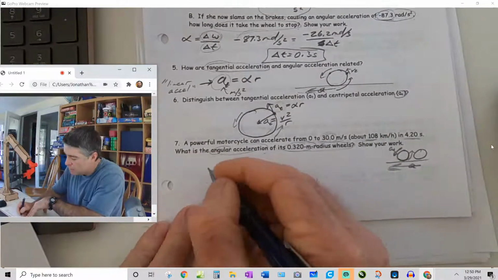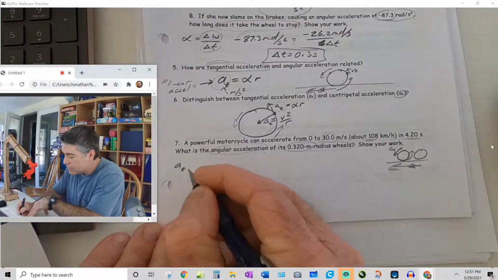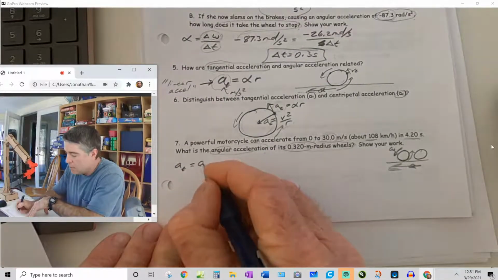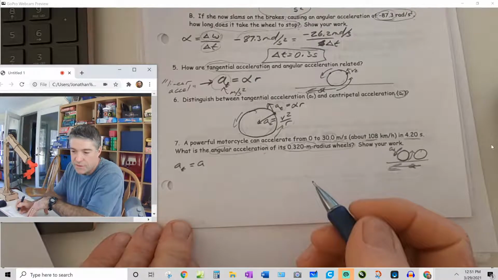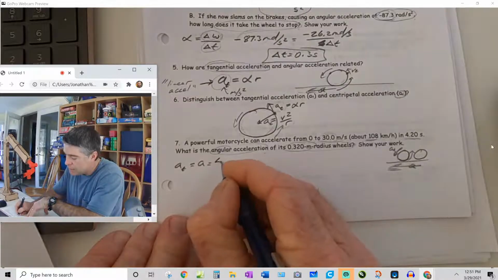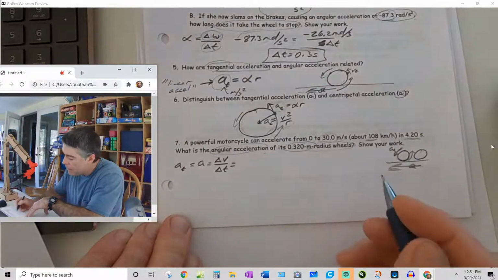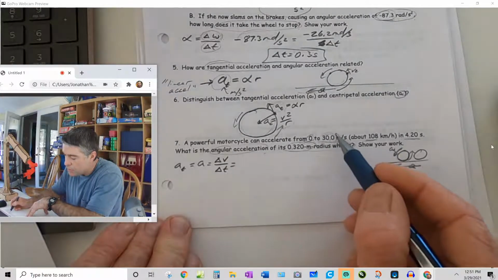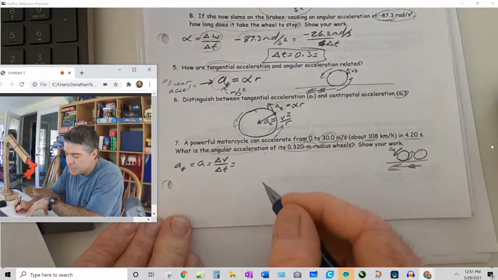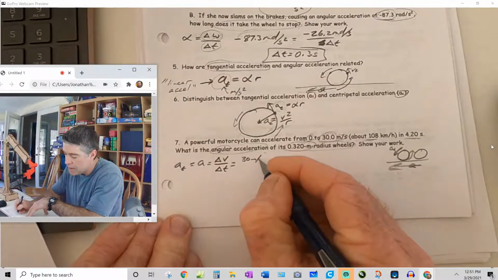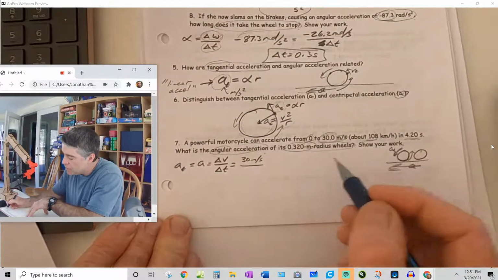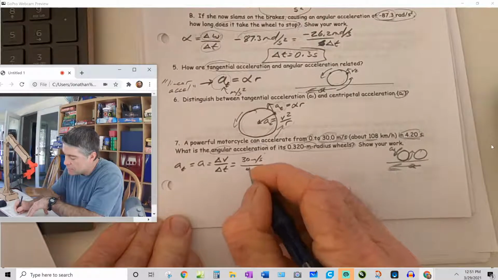I'm just going to write tangential acceleration equals A, which is linear acceleration, which equals change in velocity over change in time. It's going from 0 to 30 meters per second, so the change in velocity is 30 meters per second. The change in time is 4.2 seconds.